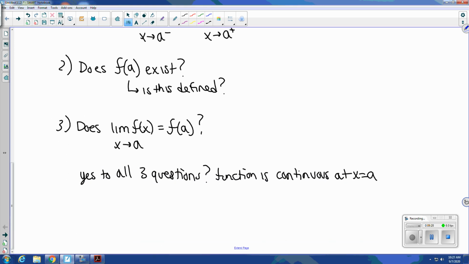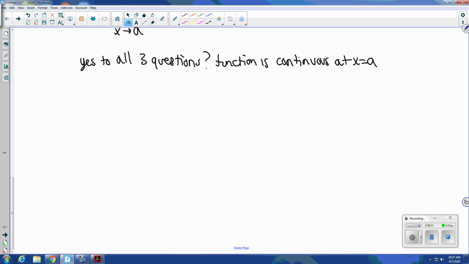Now, we asked three questions. So what's the actual definition for continuity? It is that third question. So this is the definition for a continuous function, and you should know this.